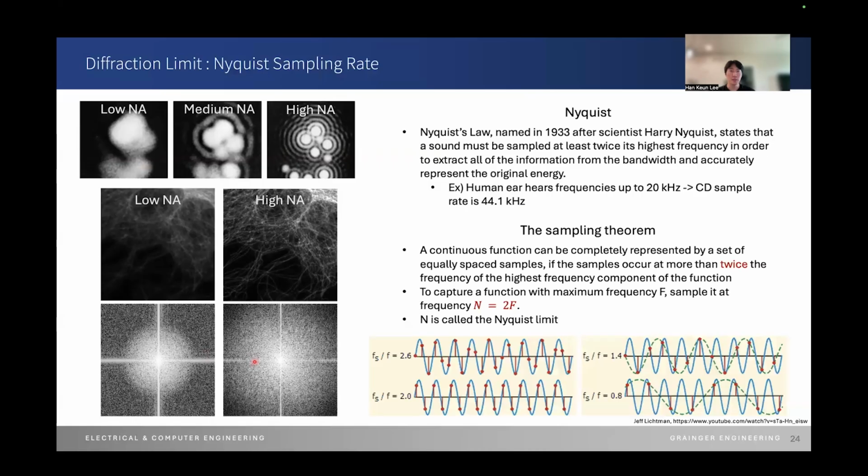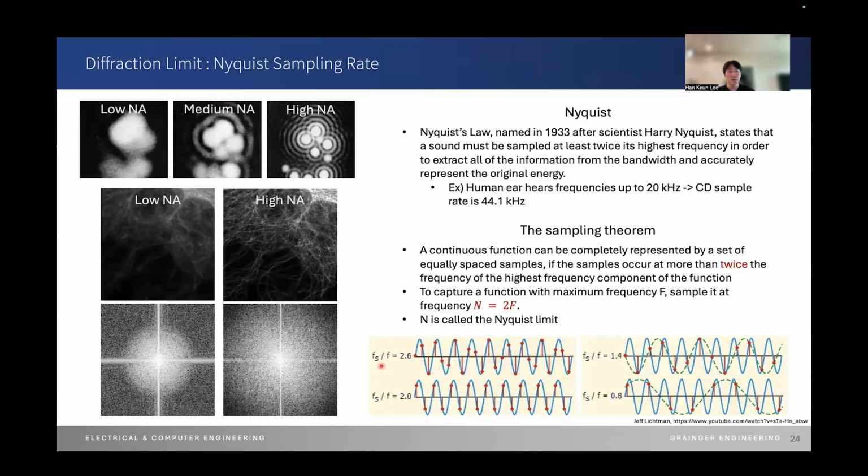The Nyquist law, named after the scientist Harry Nyquist, states that a signal must be sampled at least twice its highest frequency in order to extract all the information from the bandwidth and accurately represent the original. So if we have a signal like this, we must have a sampling frequency twice the highest frequency to extract all the information, including the highest frequency component as well as the lowest frequency component.